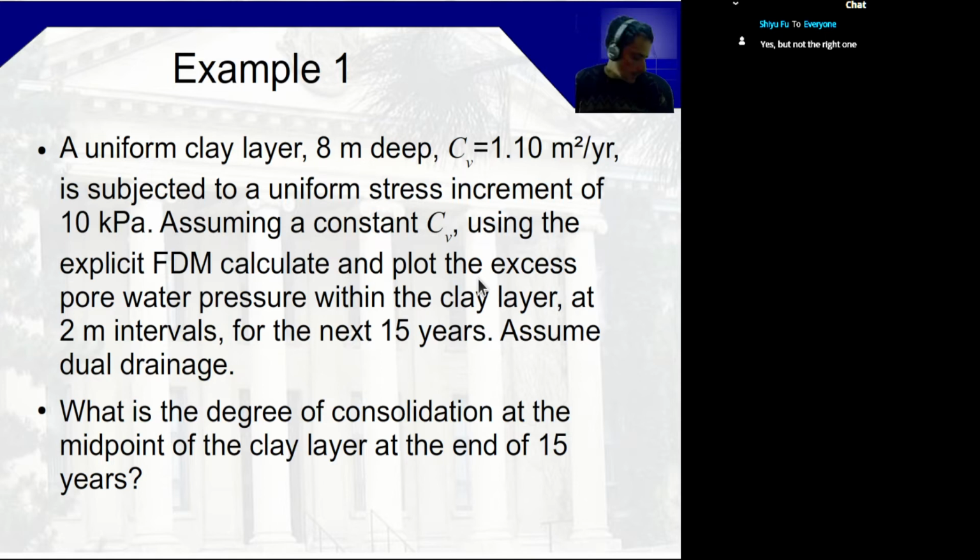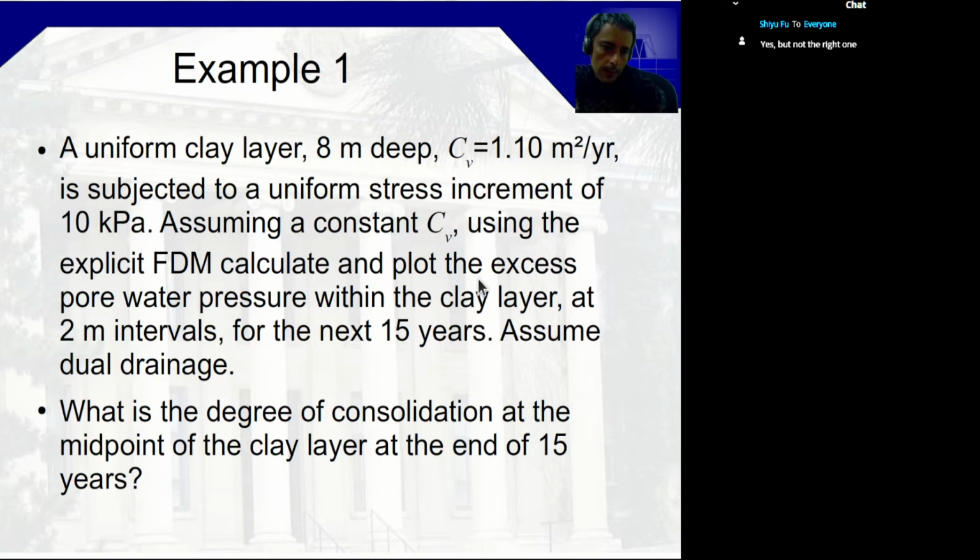Of course, that's not necessarily the units we use most of the time, but we use the units that are most convenient. It is subjected to a uniform stress increment of 10 kPa. So we're not worrying about stress changes with depth in a profile. That's something we can add as an interesting additional complication, but right now we're not considering that in our calculations.